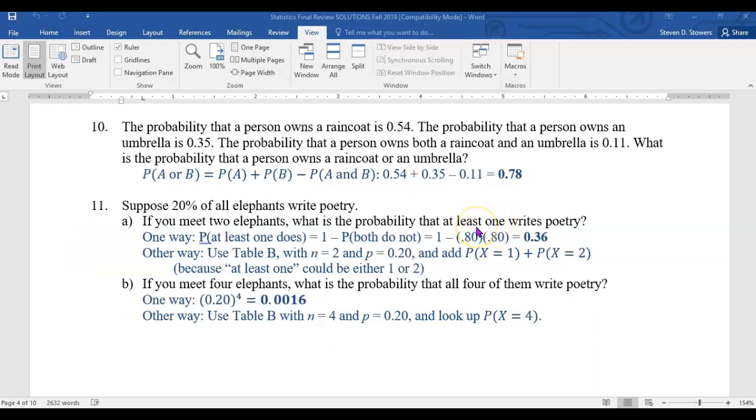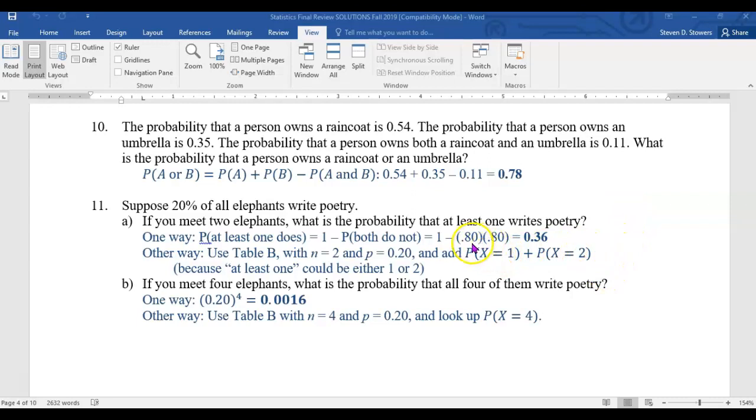One way would be to think, well, for at least one to write poetry, that might be one but not the other, might be both of them. It's anything except the case where both of them do not. So at least one does is the opposite, or complement, of the situation where both of them do not write poetry.